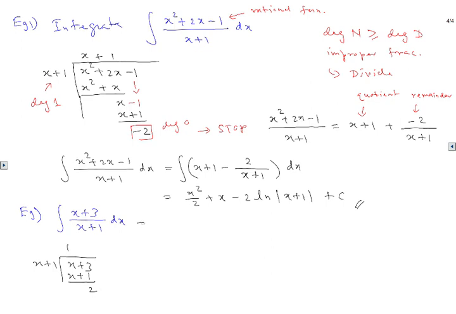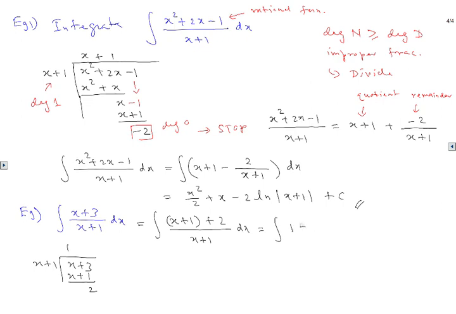But what we can do, we can use some trick here, some algebra. We can create the denominator in the numerator. That means we can write the numerator like x plus 1 plus 2, divided by x plus 1. So we write it like that. Now if we divide from the first one, you're going to get 1.